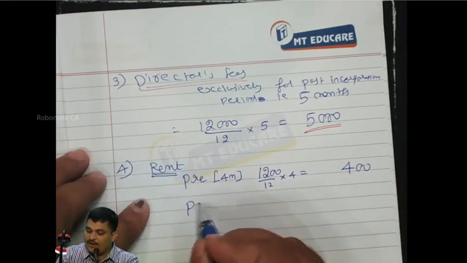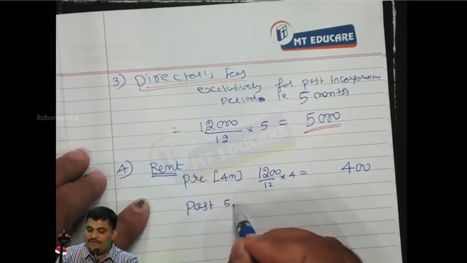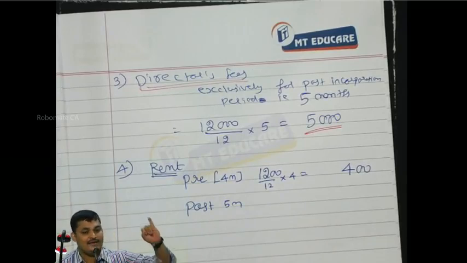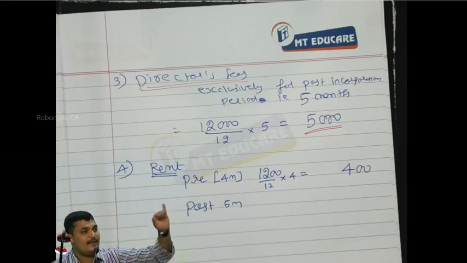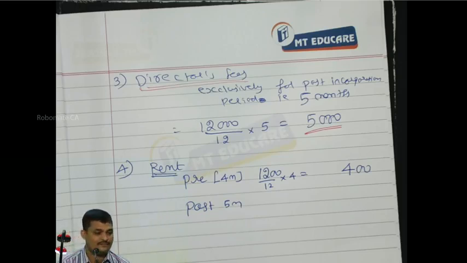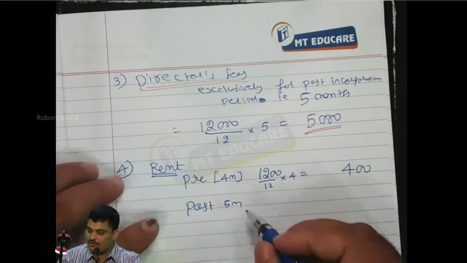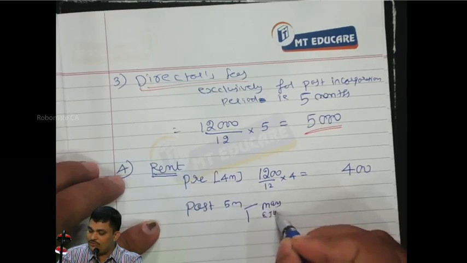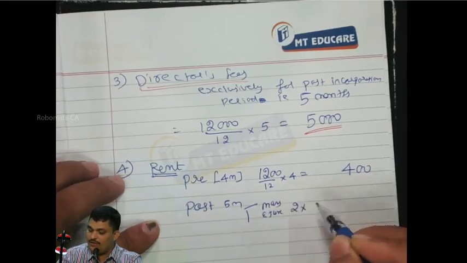For the post-incorporation period, 5 months. Which are the 5 months covered? May, June, July, August, September. In that, May and June have the old rent only. So May and June is 2 months into 100, 200.